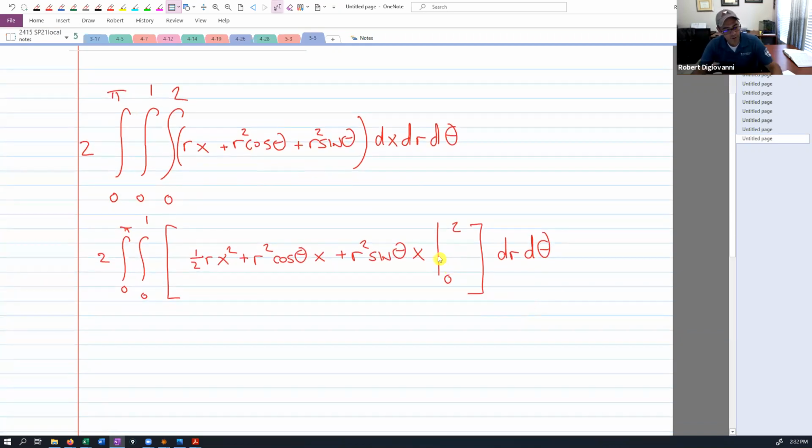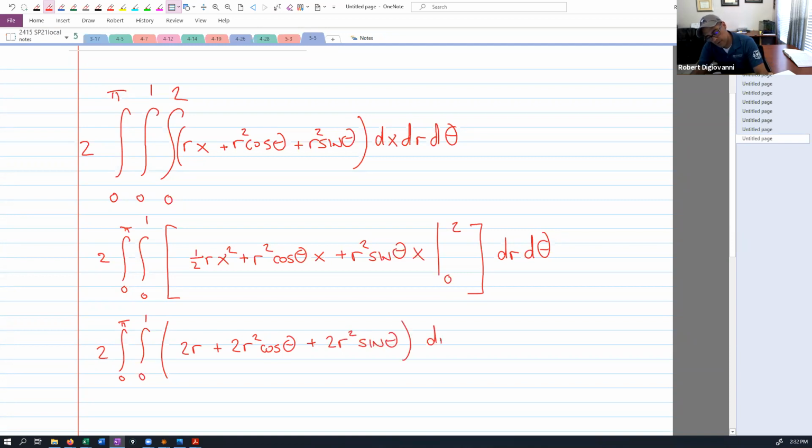And when I plug in 2 for all of my x's, what do I get here? So 4, half of that 2, so 2r plus 2r squared cosine theta plus 2r squared sine theta dr d theta.